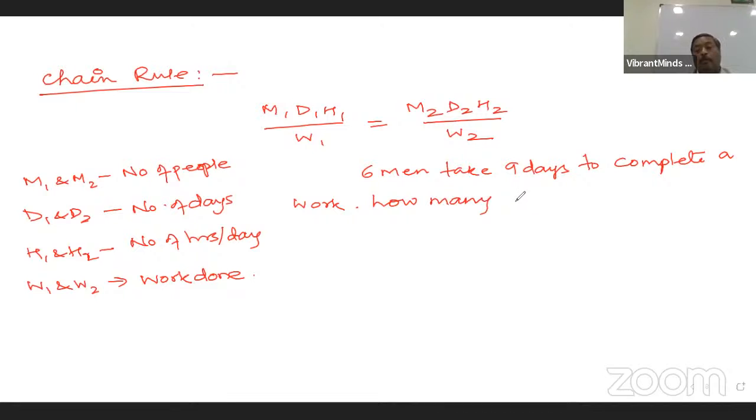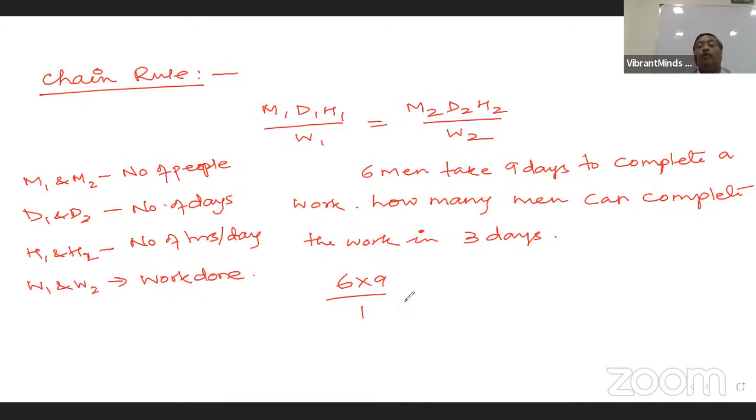How many men can complete the work in 3 days? Now see, M1 is your 6, D1 is equal to 9, one work is to be completed.